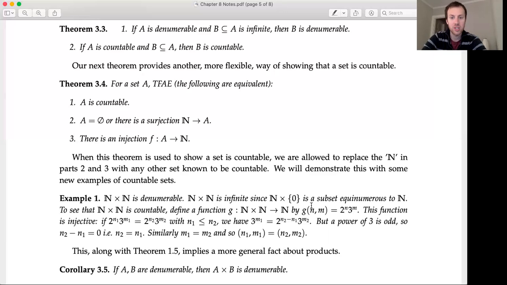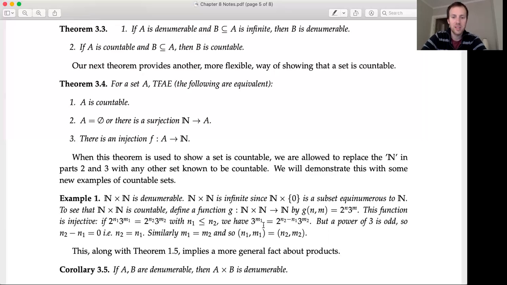This function that sends a pair of natural numbers to 2 to the n times 3 to the m is 1 to 1, because if you get the same output and assume, say, n2 is greater than or equal to n1, then dividing off 2 to the n1, we can get that 3 to the m1 is this power of 2 times 3 to the m2.